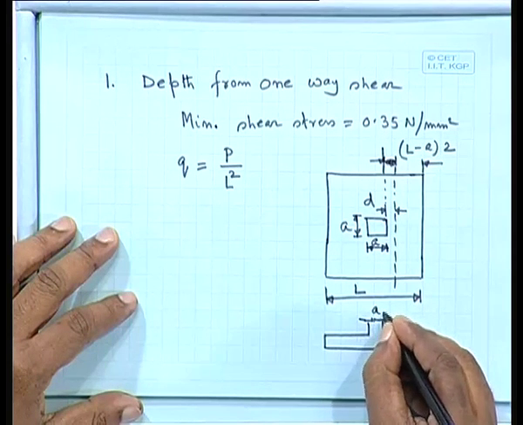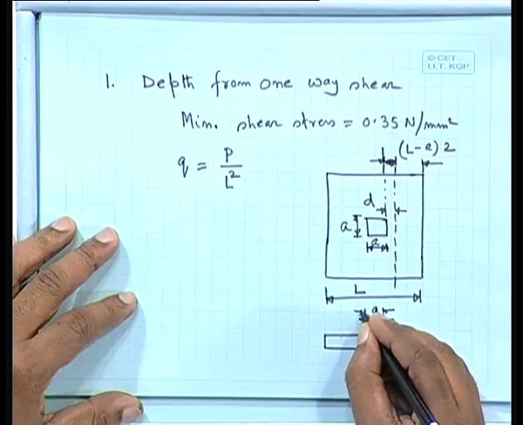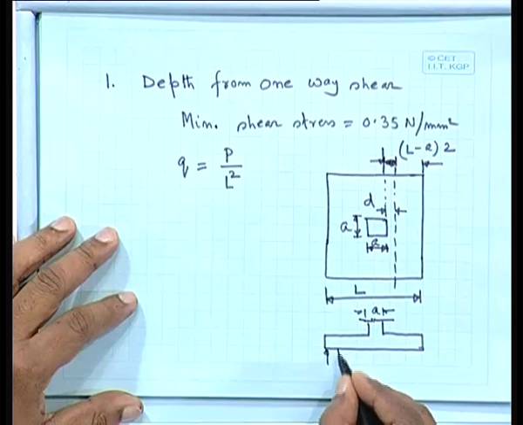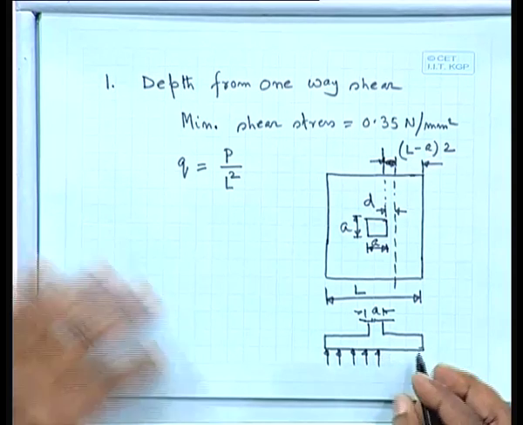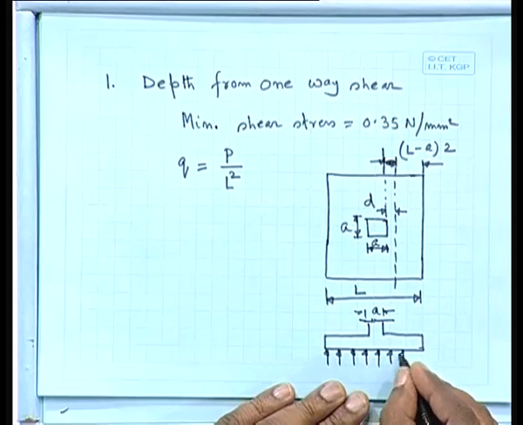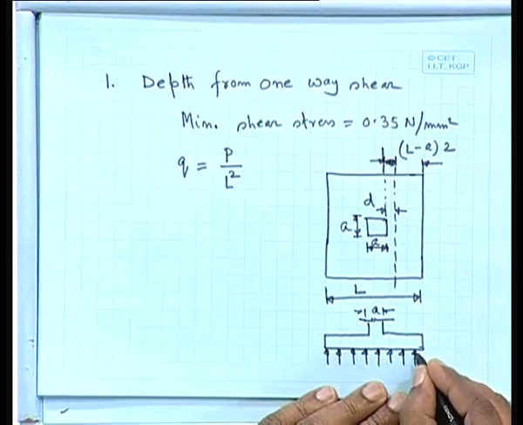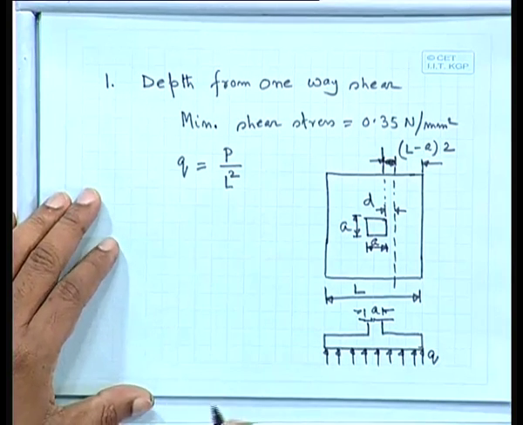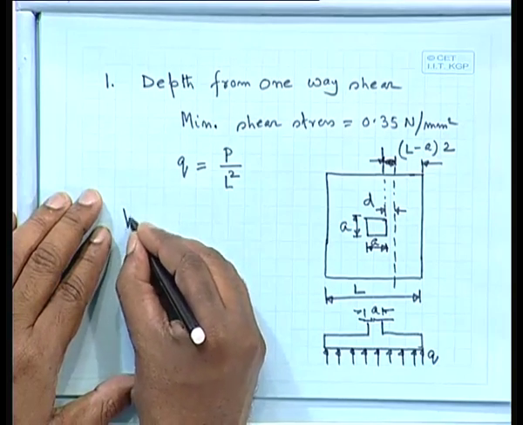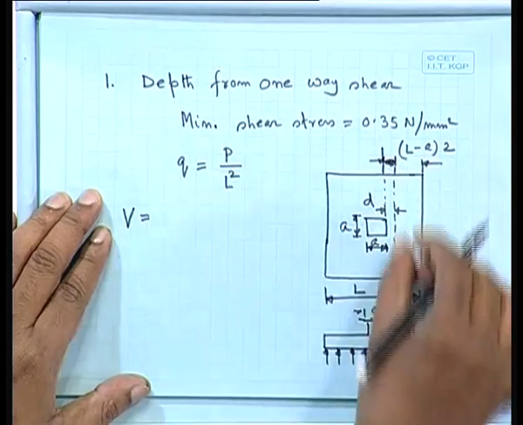This is your A, and we have the uniform pressure Q. So, V will be equal to the shear force V along this line.